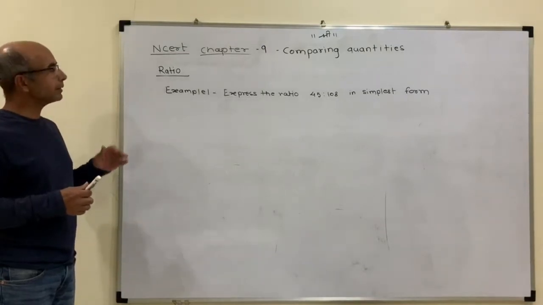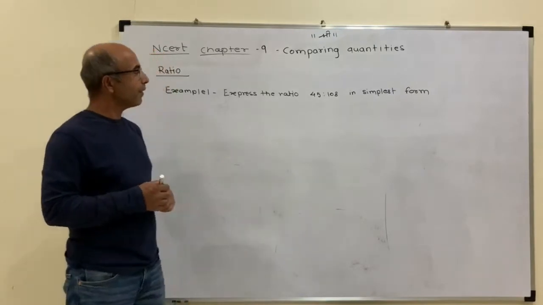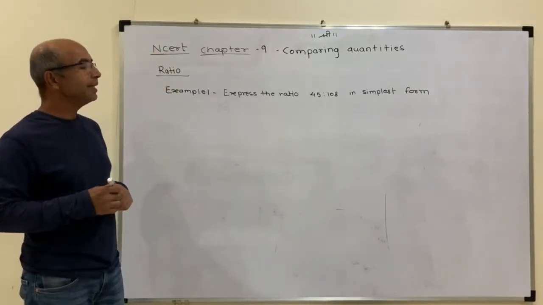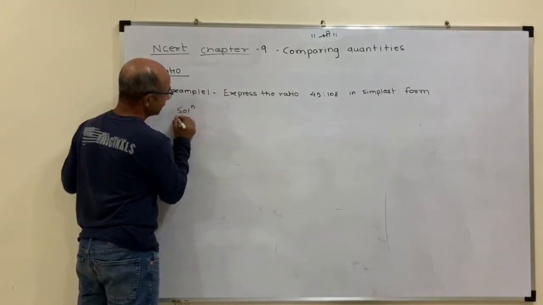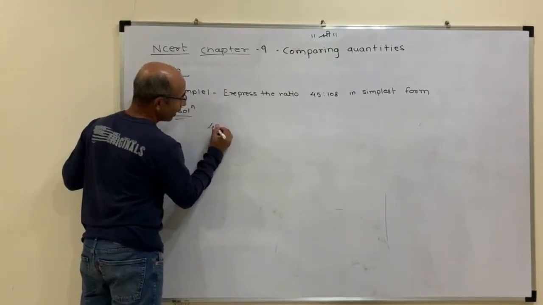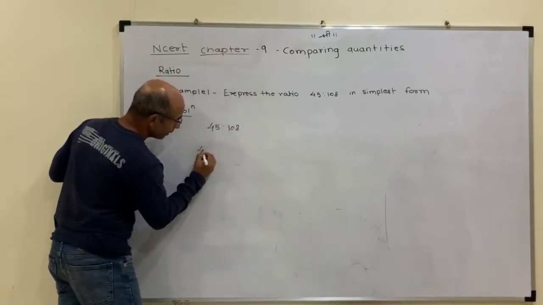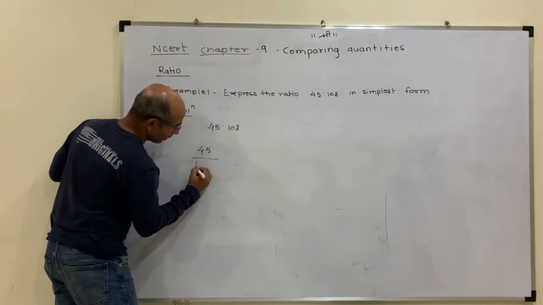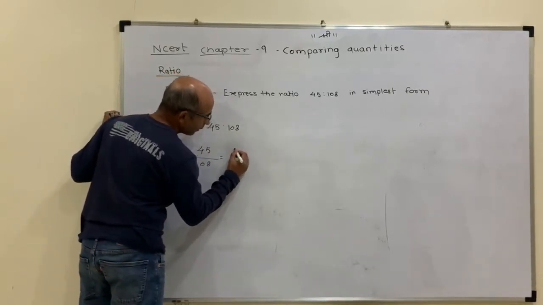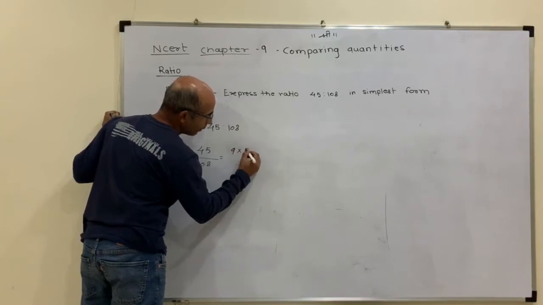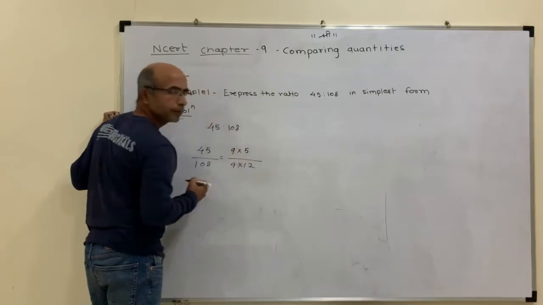Now let's look at the example. Express the ratio 45 as to 108 in simplest form. How do we do it? 45 as to 108 can be written as 45 divided by 108. 9 5s are 45, 9 12s are 108.